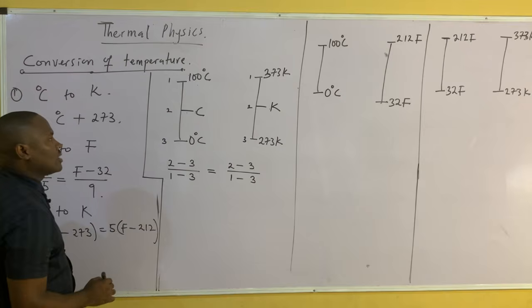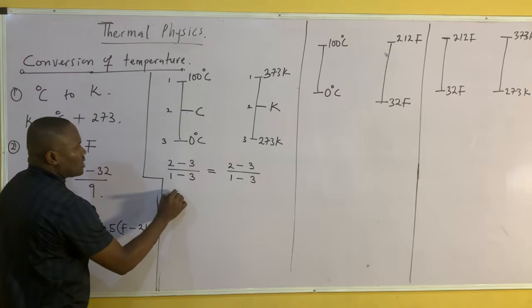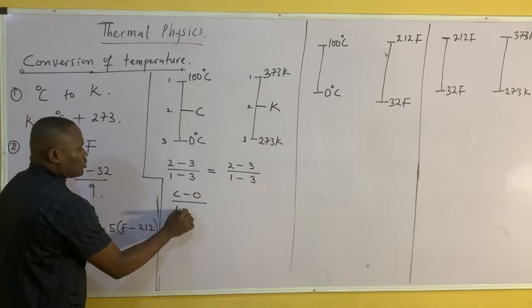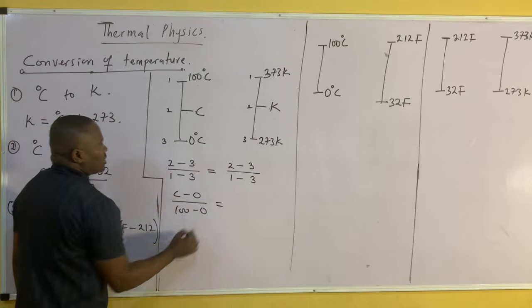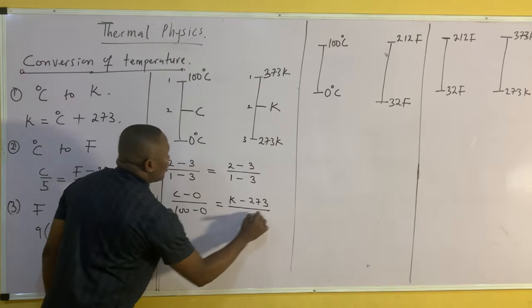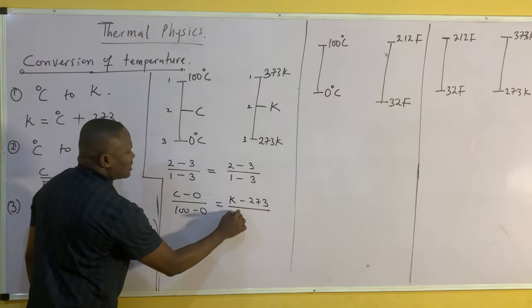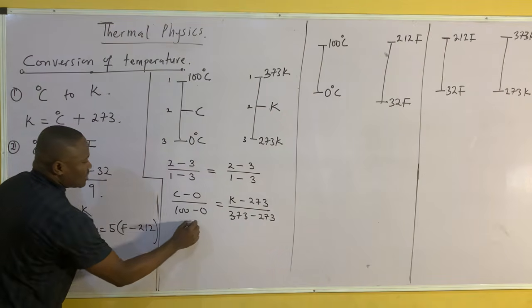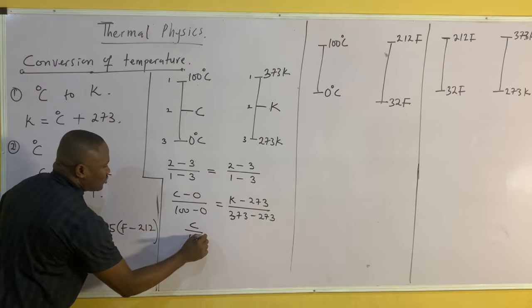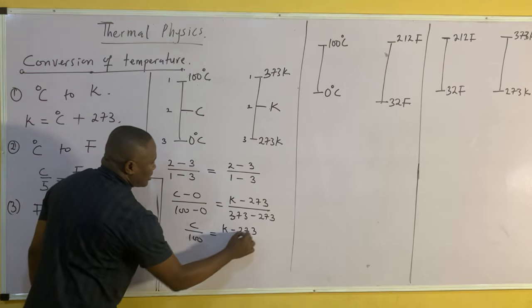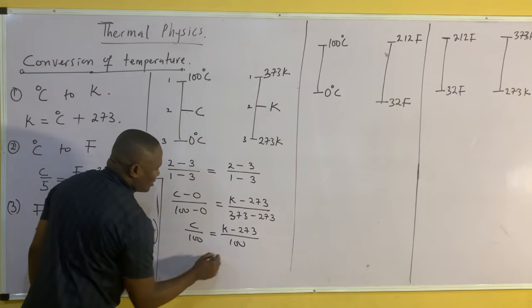So put it out in its values. It becomes C minus 0 over 100 minus 0 is equal to K minus 273 over 373 minus 273. So this becomes C over 100 is equal to K minus 273 over 100.